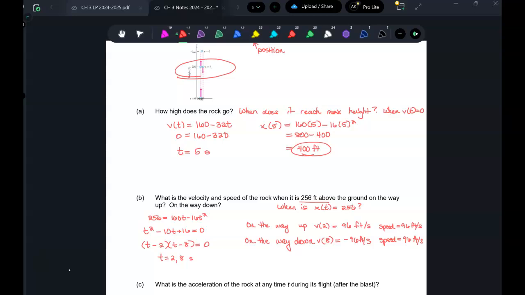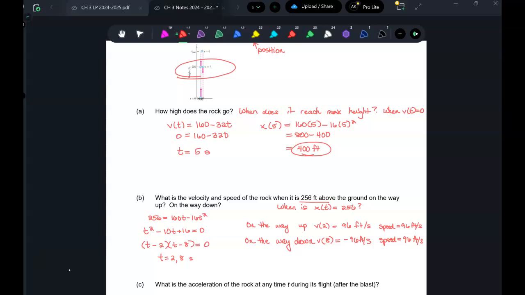And then it starts falling back down, now with a negative velocity of negative 96 feet per second. However, the speed is always just going to be positive, so it's going just as fast in terms of speed.